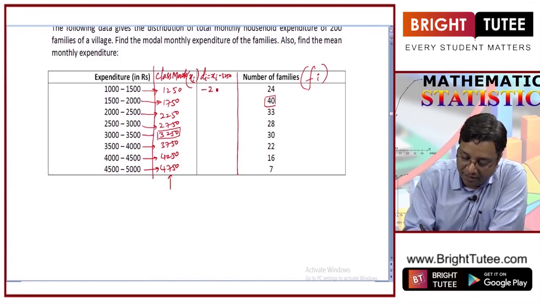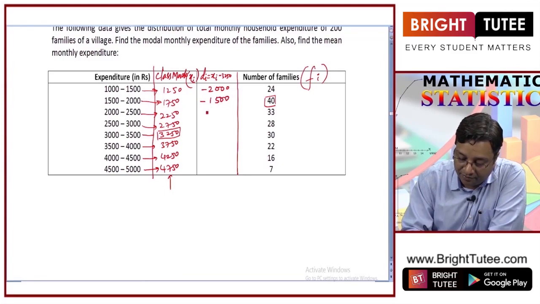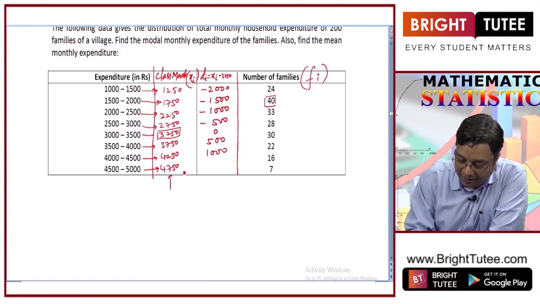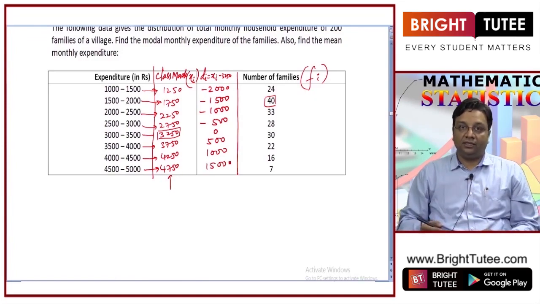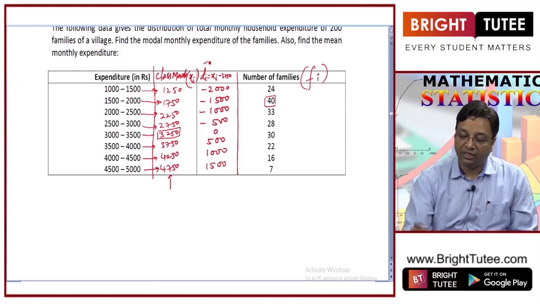So this will give me minus 2000, minus 1500, minus 1000, minus 500, 0, 500, 1000 and 1500. So these are the numbers that I get for di.